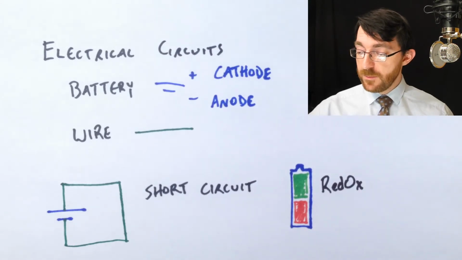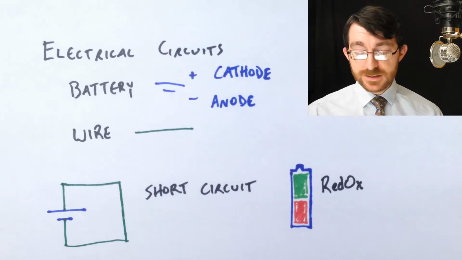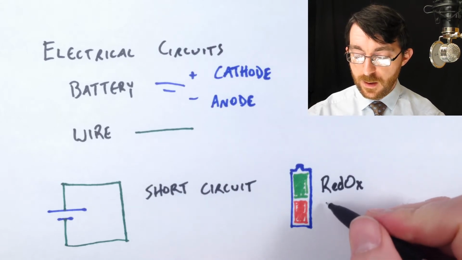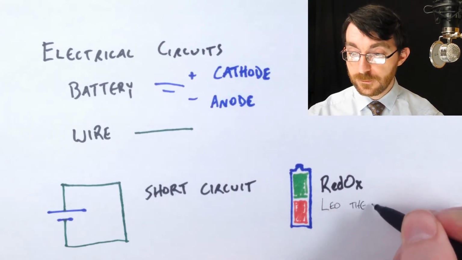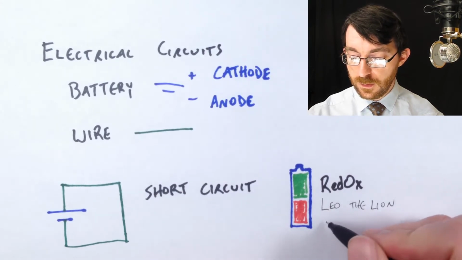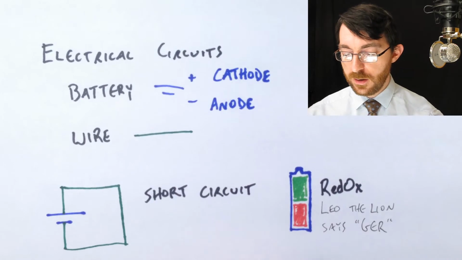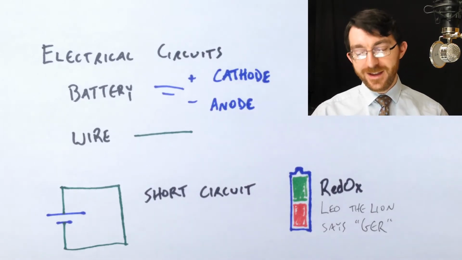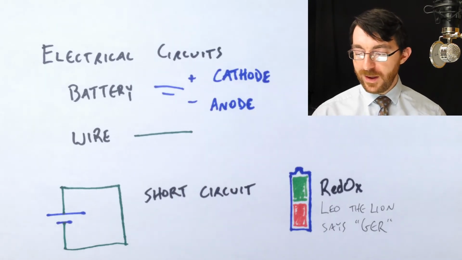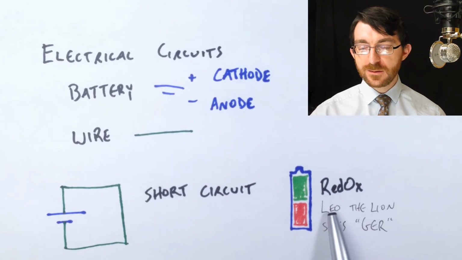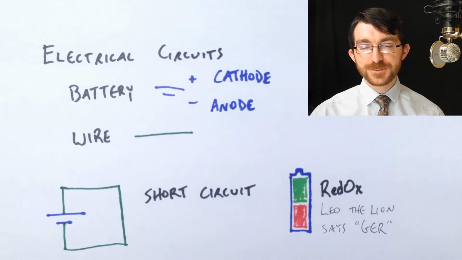And if you want to remember how to make sense of redox reactions, maybe remember that Leo the lion says, "Grr." And if you've never heard of that before, then you're welcome. But it means lose electrons, oxidation, gain electrons, reduction.